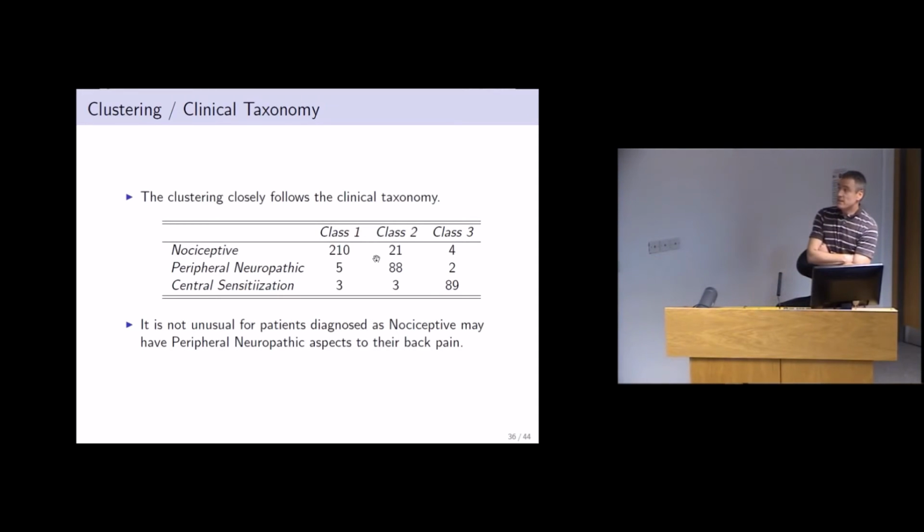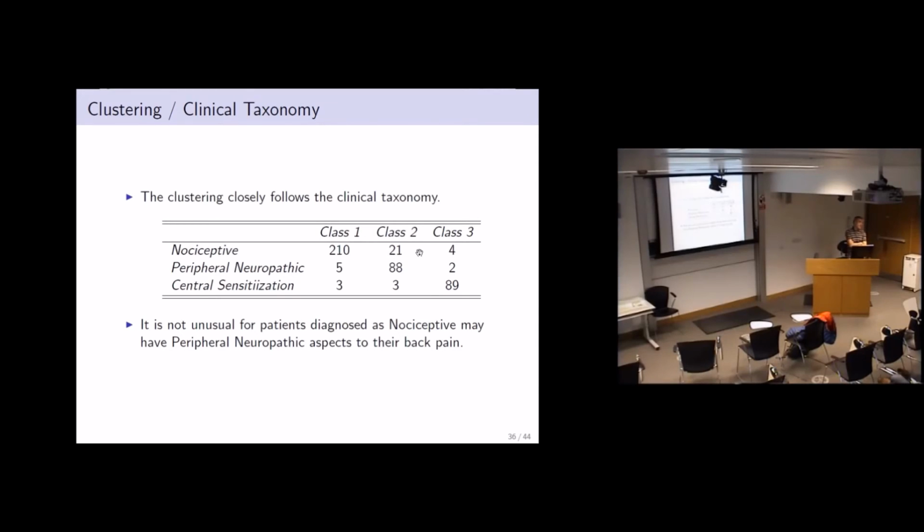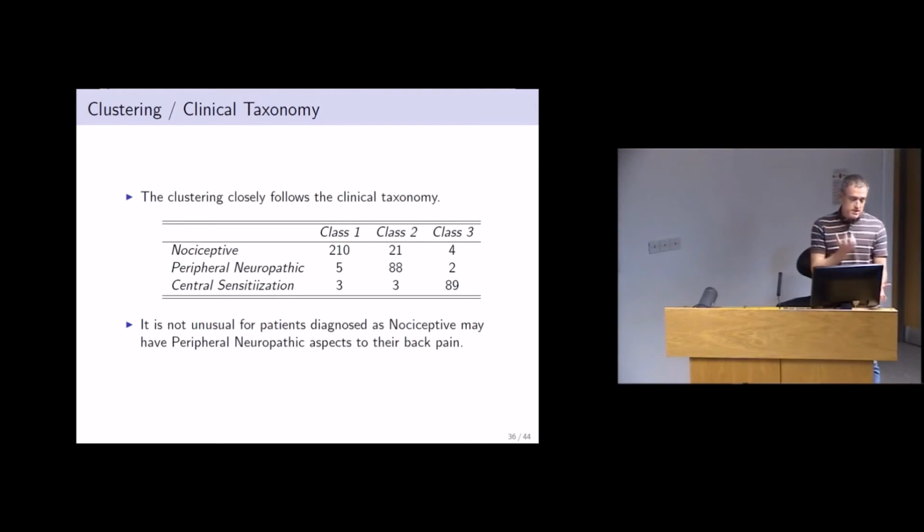And when I went to talk to Keith, the physiotherapist who was working on this, he said that makes sense because a lot of patients will actually have both nociceptive and peripheral neuropathic pain, not just one or the other. And maybe the physiotherapist had to make a call on which pain type was dominant, basically. And maybe they got it wrong, or maybe because both are so prevalent, they actually are genuinely in both groups. So there's quite a lot of correspondence between our approaches.